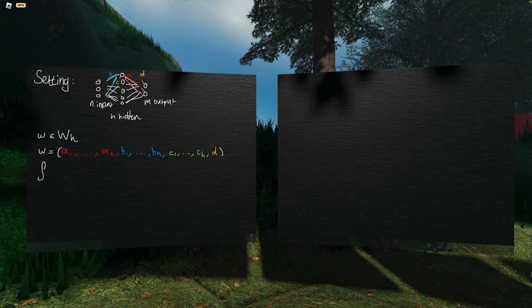Anyway, we end up with the function f of w is equal to, let me attempt to do this in some kind of color coding, d, which is our constant output, plus a contribution from each unit, so from i equals 1 to h, of the outgoing weight vector.